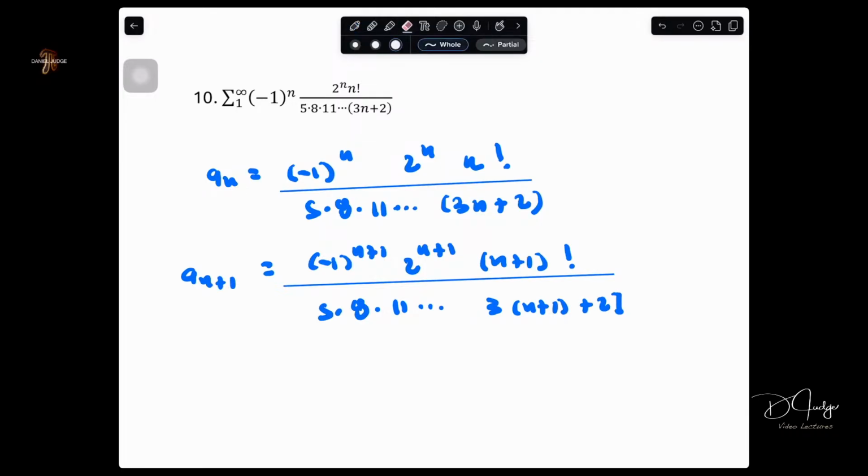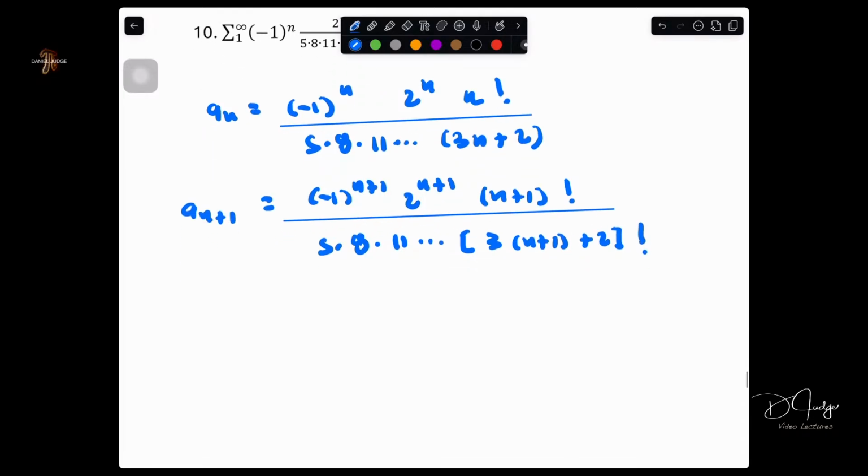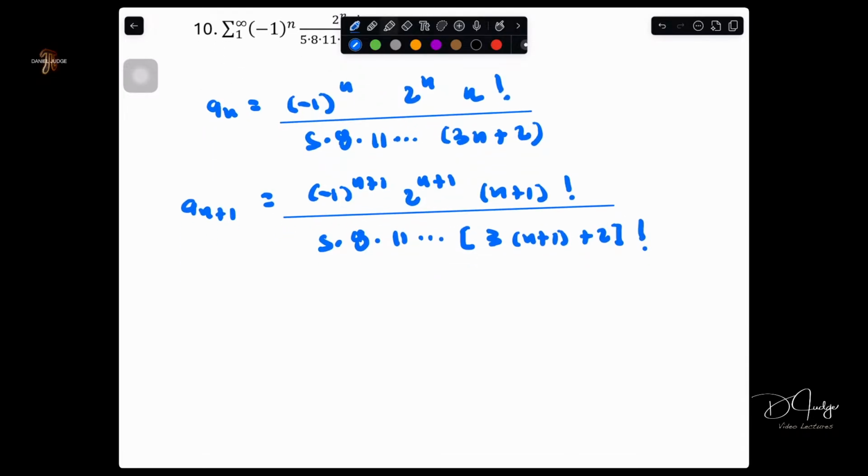And we'll put that in a bracket here with factorial now. I'm just going to say this by using a little algebra here. We get 3n plus 3 plus 2 factorial, which really gives you 3n plus 5 factorial.